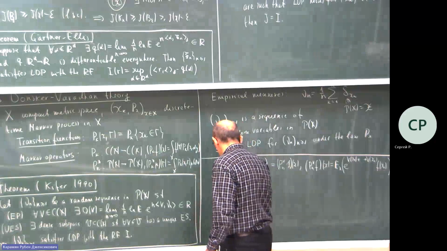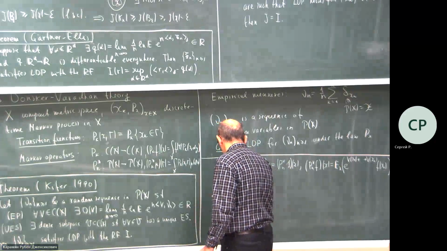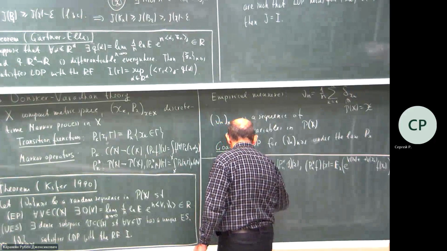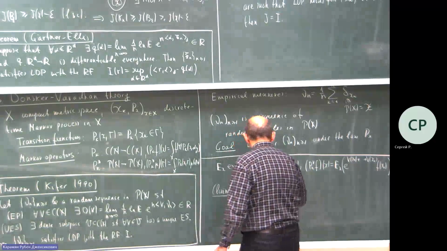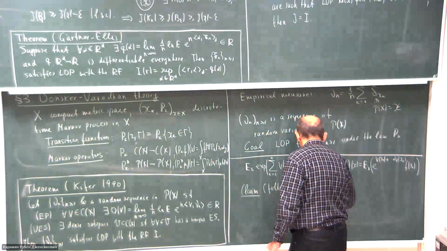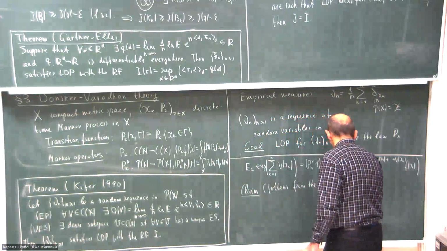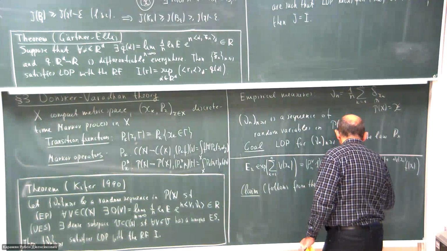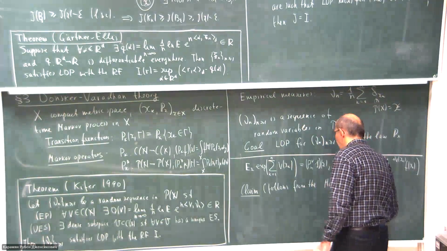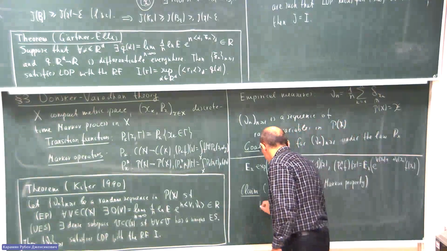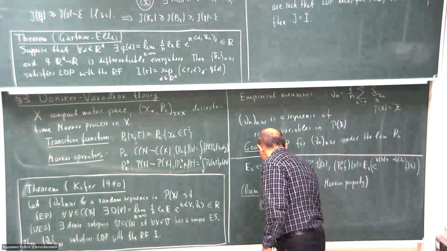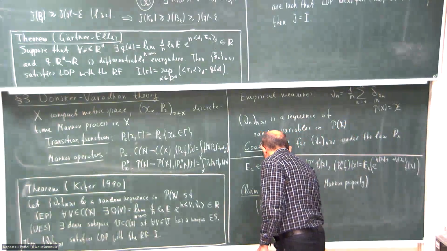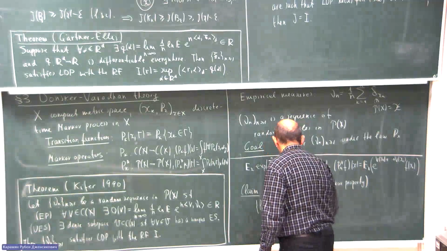Now the claim, and it follows from the Markov property, is that P_n^V is a semigroup.